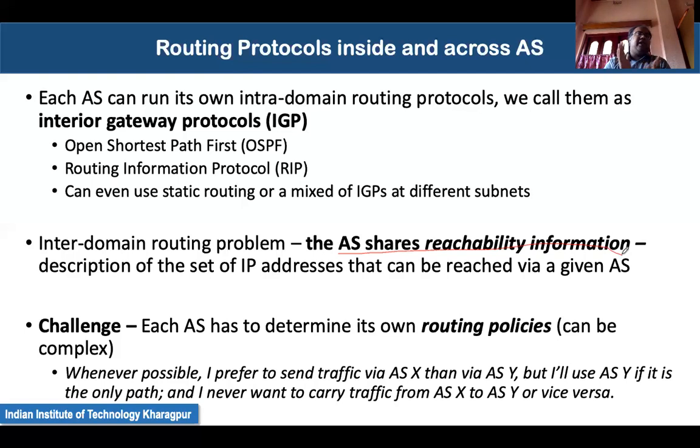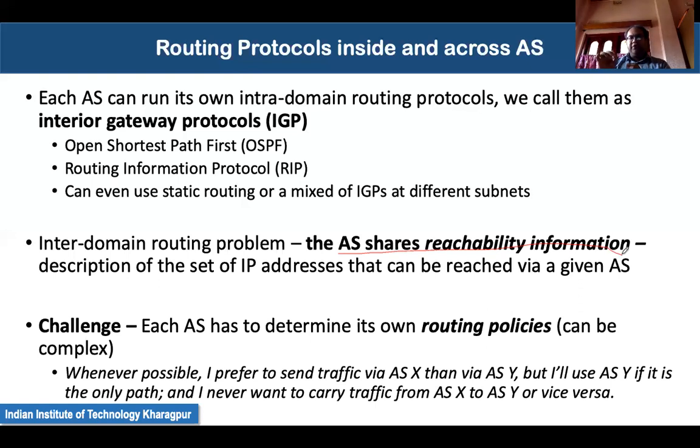So this is something like the hierarchy we use in postal delivery. Think again about how postal deliveries are made. Say you are posting a letter for your friend who is in IIT Delhi, and you post it at the Kharagpur post office.